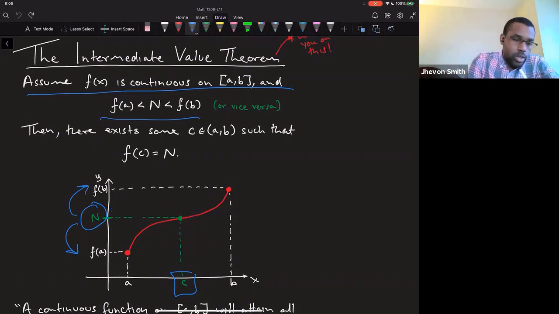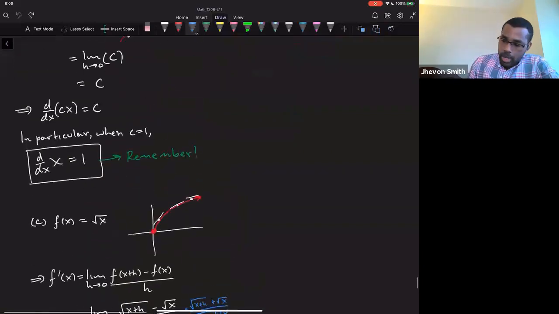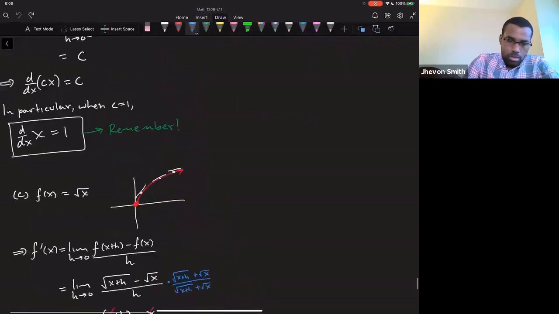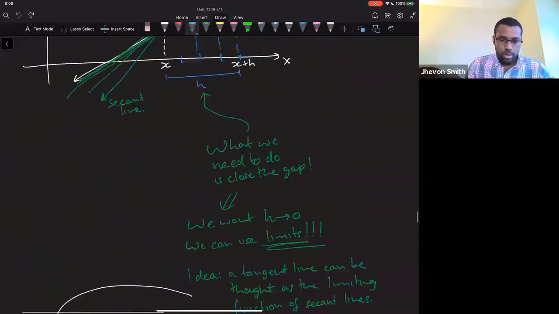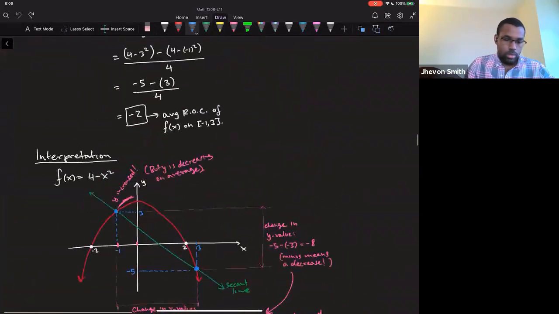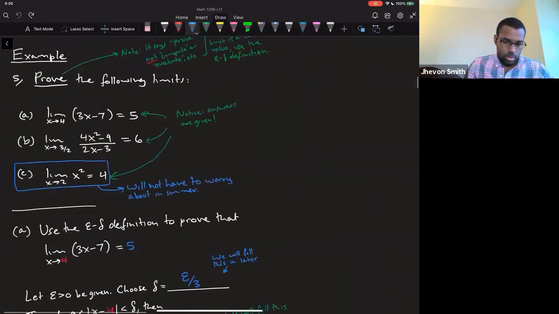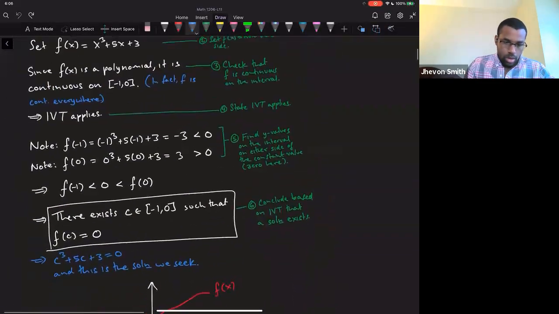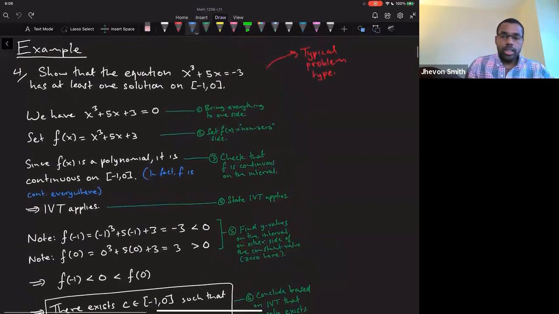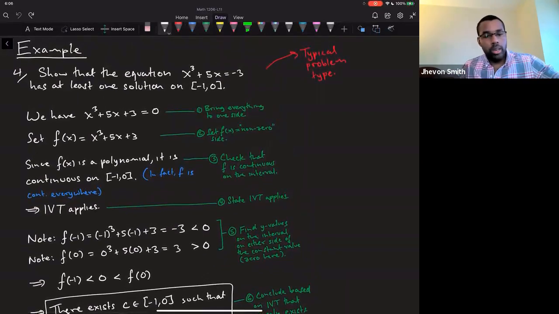Now, one way in which that is useful is it can tell us when solutions may exist on an interval, if we know that we can describe the equation with a continuous function.